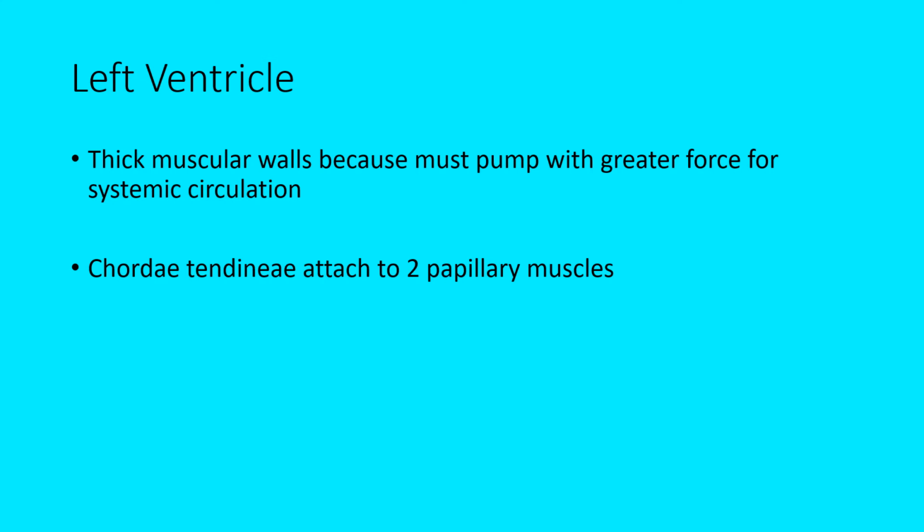And the reason for that is because the right ventricle only has to pump the blood right next door to the lungs, so it doesn't have to go very far. But the left ventricle has to pump that blood all the way throughout the entire body. So it has to be a much stronger force when it contracts. And so that muscle has to be much thicker to allow for that stronger contraction, more pressure to push the blood out.